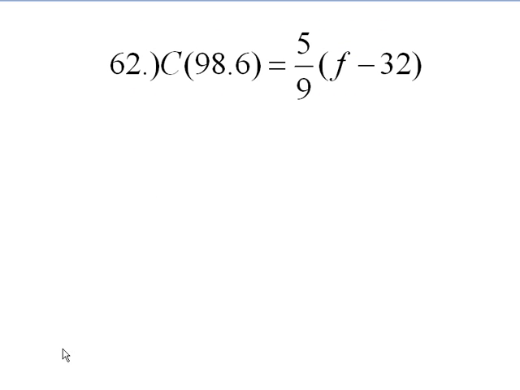Here's one more. This should be pretty familiar. It's to change centigrade into Fahrenheit. So 98.6, we put 5/9 of 98.6 minus 32.